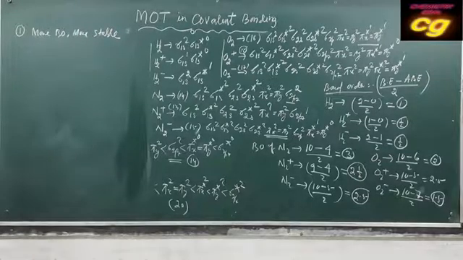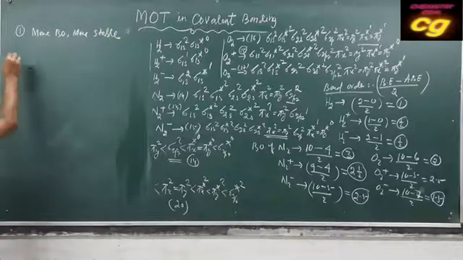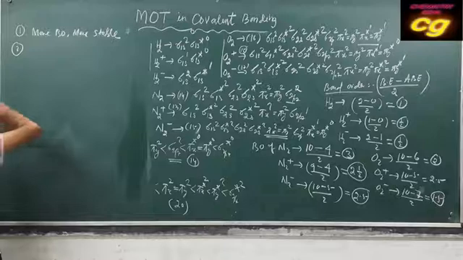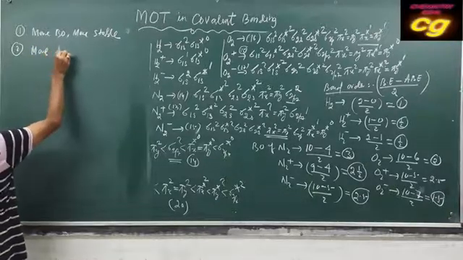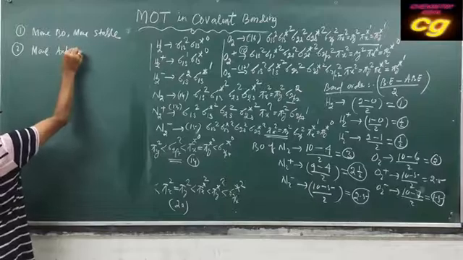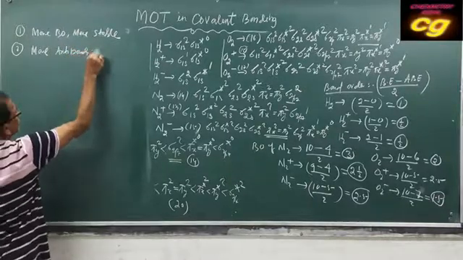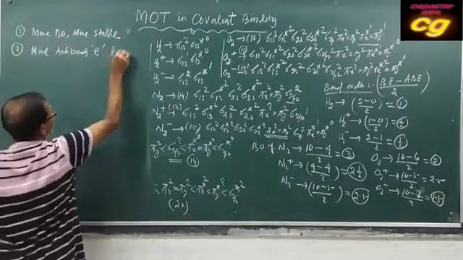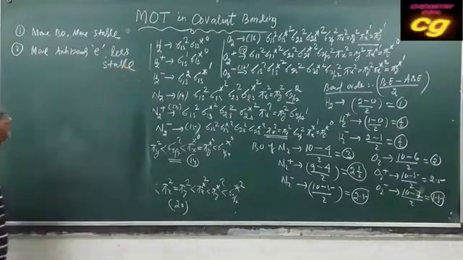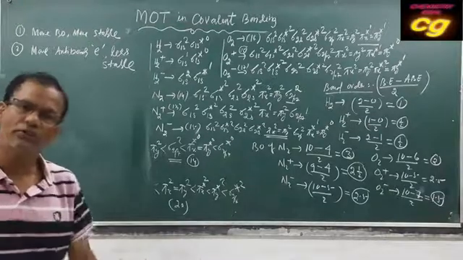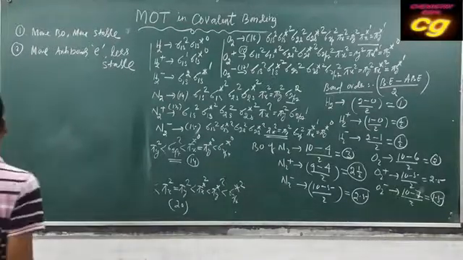If bond order is more, stability will be more. More antibonding electrons, less stable. If antibonding electrons are more, then stability will be less.